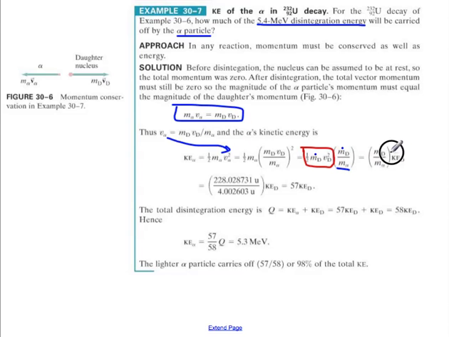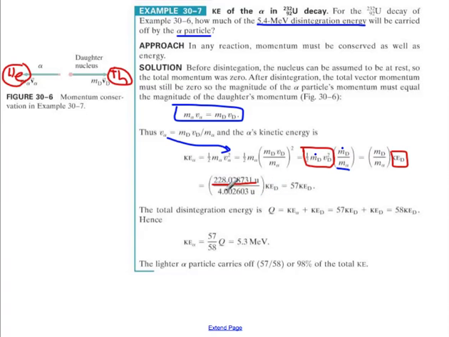So I think that's what they did here, said that that red part is the kinetic energy of the daughter nucleus, and this is just a ratio of masses, which we know, right? The mass of the daughter was the mass of thorium. The daughter was thorium, like in our previous thing, and this was the helium alpha particle, and the mass of the alpha particle is the mass of the helium, so that's easy.